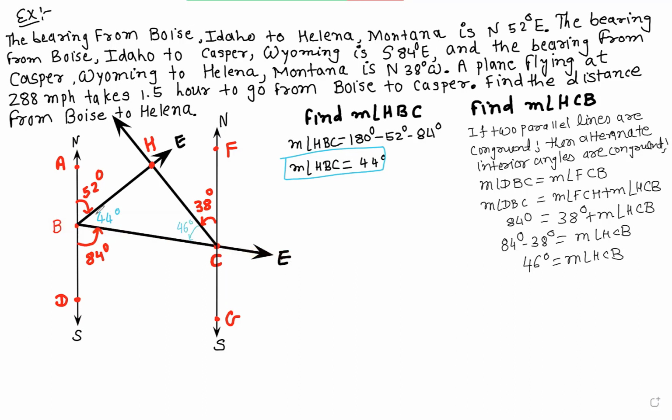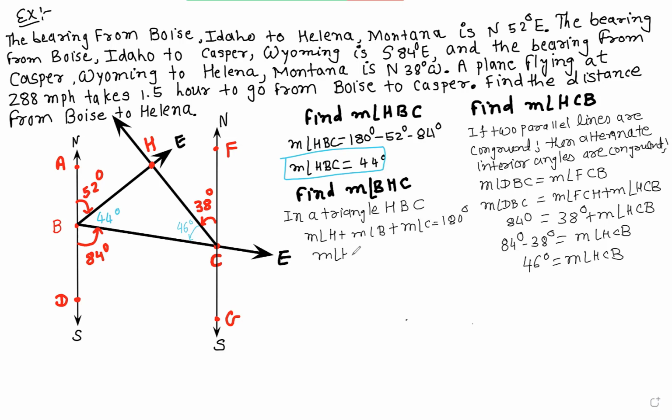Now, third step, how do we find measure angle BHC? Again, we know that in a triangle, the sum of the three interior angles is equal to 180 degrees. So we can say that in triangle HBC, measure angle H plus measure angle B plus measure angle C equals 180 degrees.